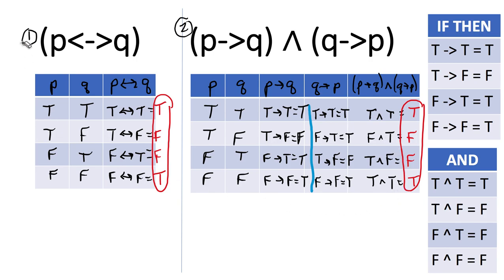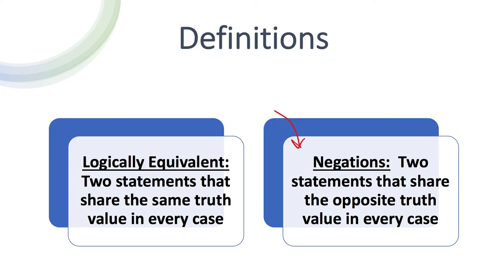So when I make a comparison between the two problems, I see that my answers are exactly the same. TFFT in the first case, TFFT in the second case. So this is an example of one that is logically equivalent. Logically equivalent means that the statements share the same truth value.